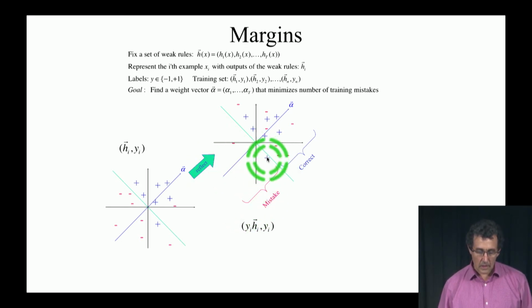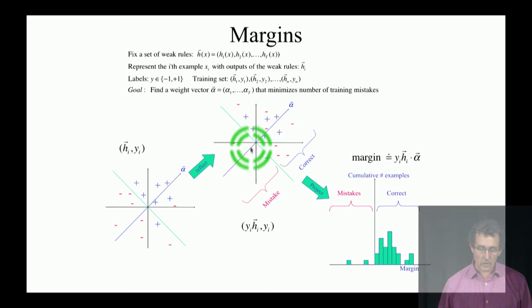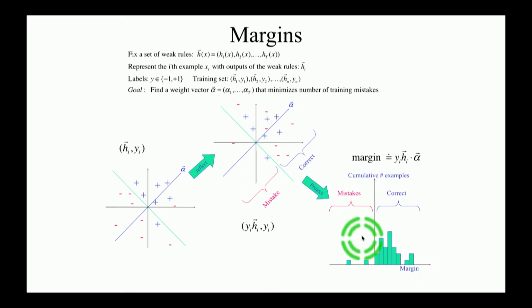And so we see here that these are the two mistakes that we made. And so now we can project and just look at the distribution of these values. So this thing that we got here is called the margin. This margin is what we get if we project on a particular alpha. Okay, so we have this alpha, and we project all of the examples on it.